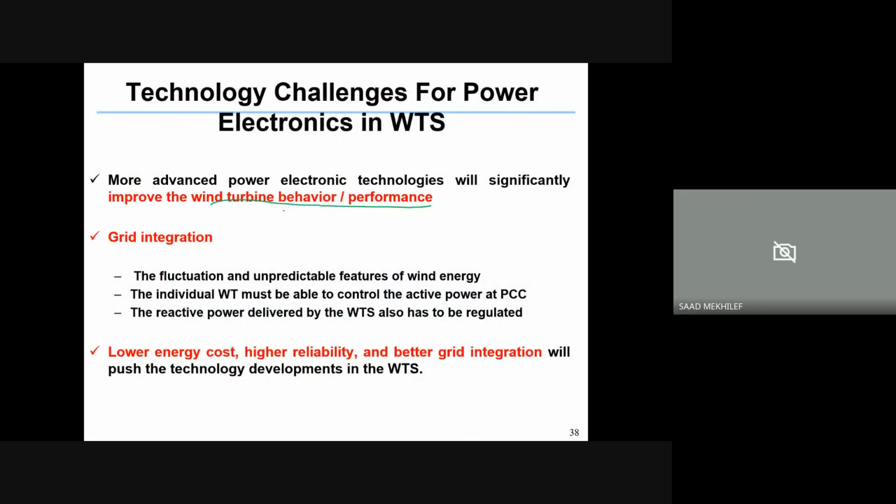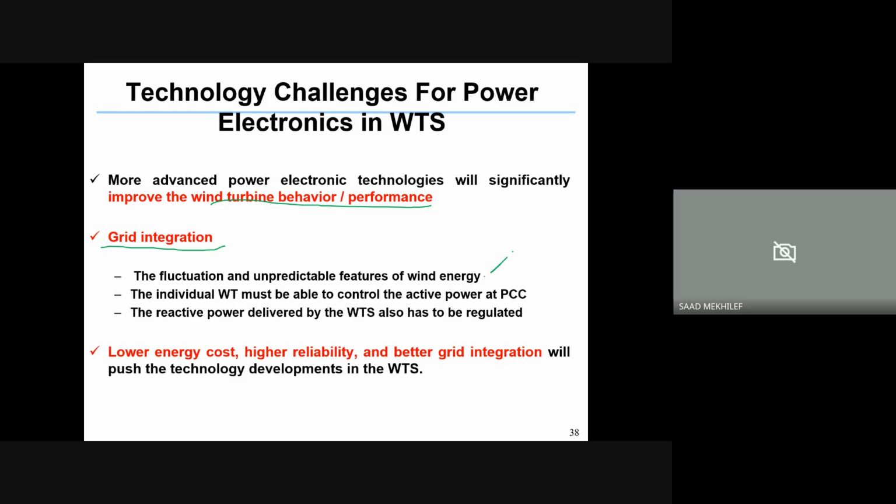So there is a need to improve the performance. Grid integration still has issues to be addressed, and that's actually due to the power electronics also, especially the fluctuations and unpredictable features of wind energy.